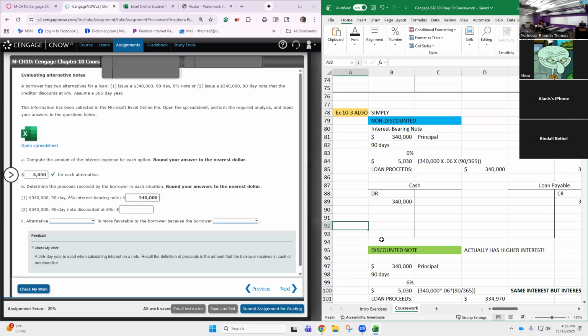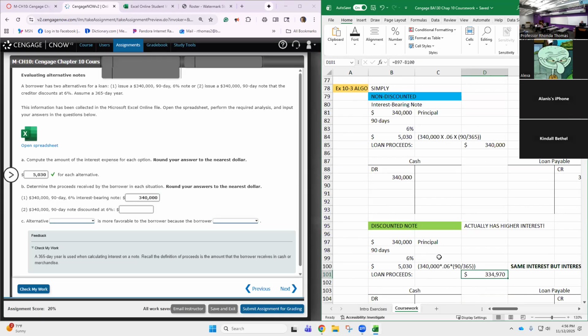However, when you get down to the discounted note, it's actually the loan proceeds minus the interest. So when you get your loan proceeds from a discounted note, you're going to subtract the interest first.